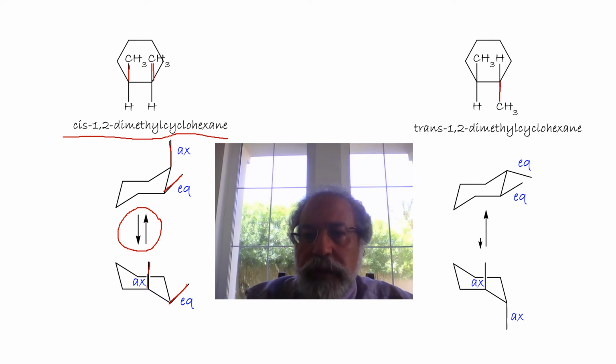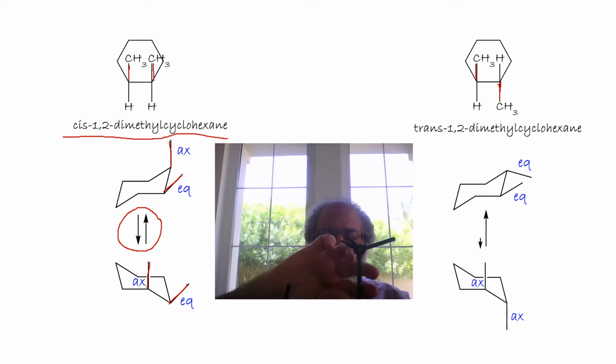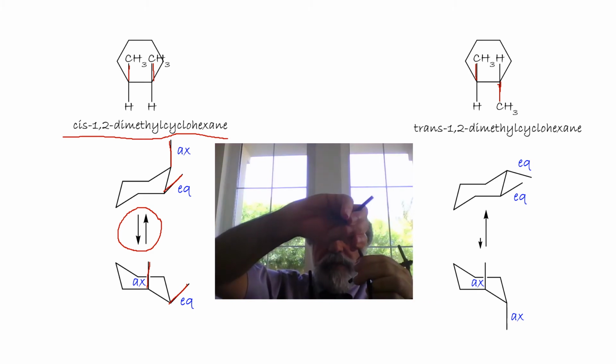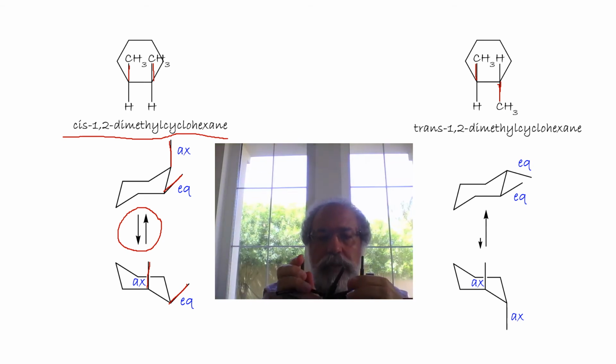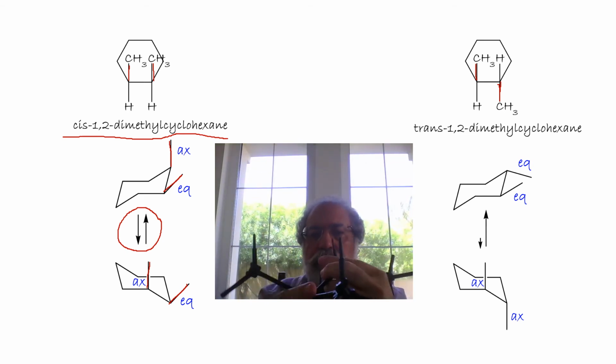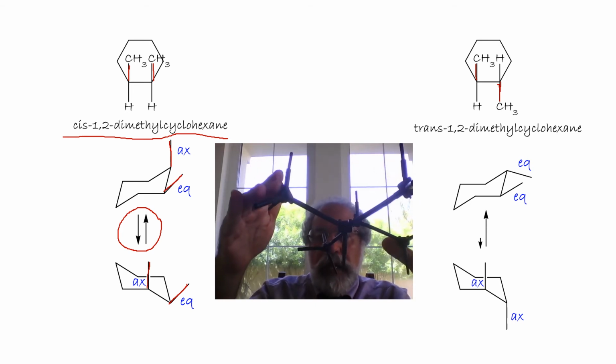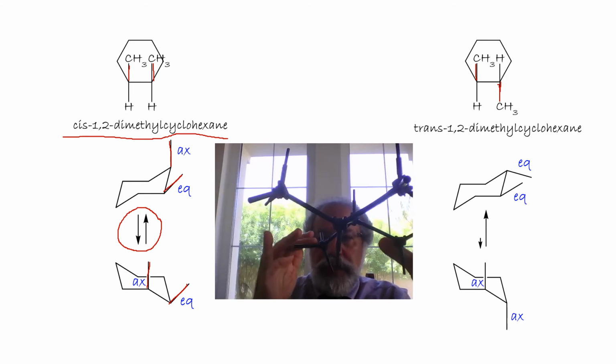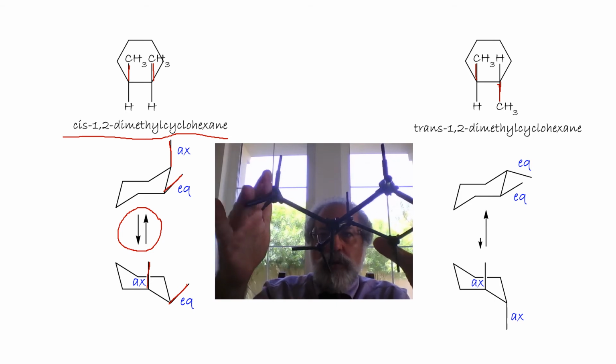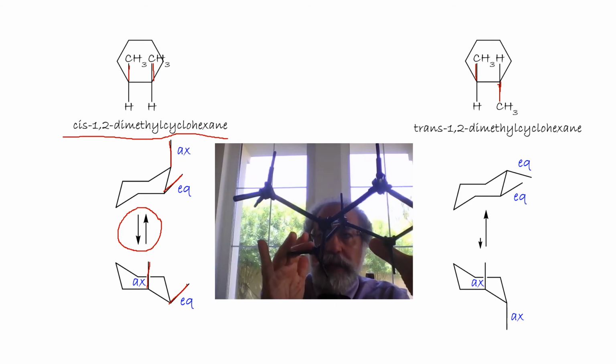For the trans, we have CH3 down, CH3 up. If that's the case, we have here CH3 up, CH3 down, equatorial, equatorial.